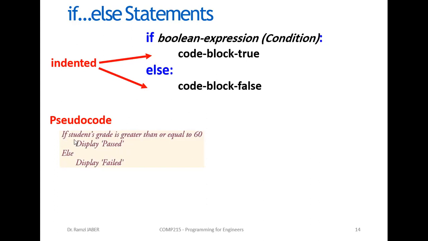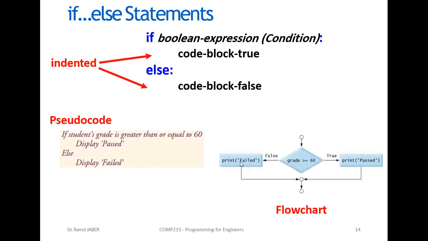Example: if student's grade is greater than or equal to 60, display passed, else display failed. So here we have 2 actions. One of them will be executed, not both, just one. In the flowchart, if grade is greater than or equal to 60 and it's true, go right.